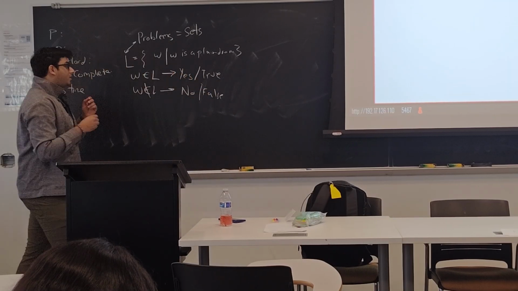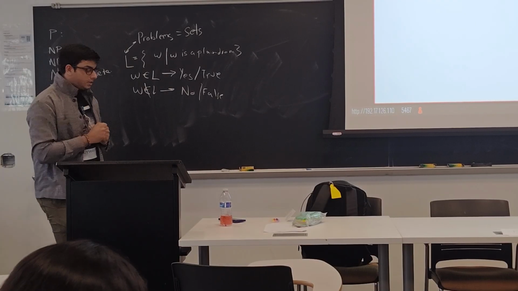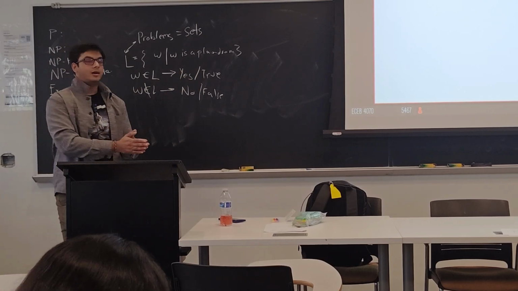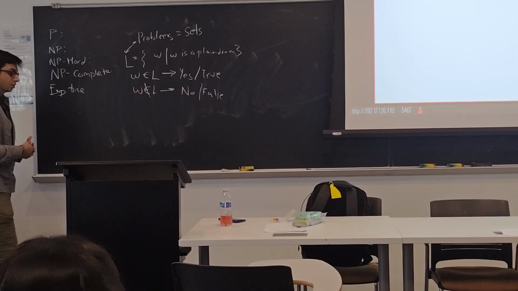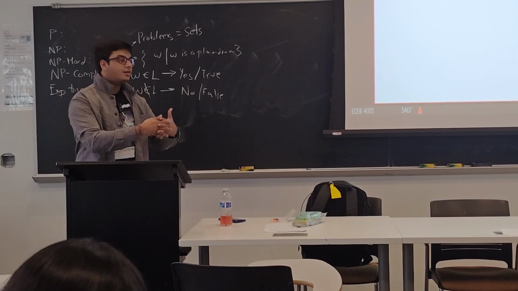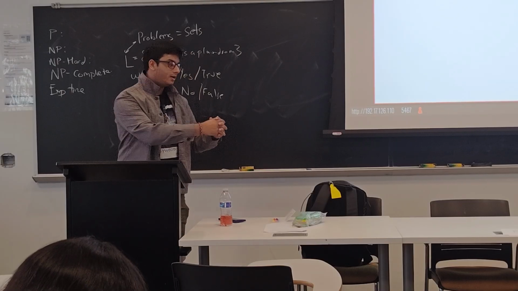So a problem is in NP if yes instances, whenever the answer is true, with sufficient proof, you can verify in polynomial time. The more formal definition: the proof is what we call a certificate, and the algorithm to verify that the certificate indeed proves your answer is called a certifier.